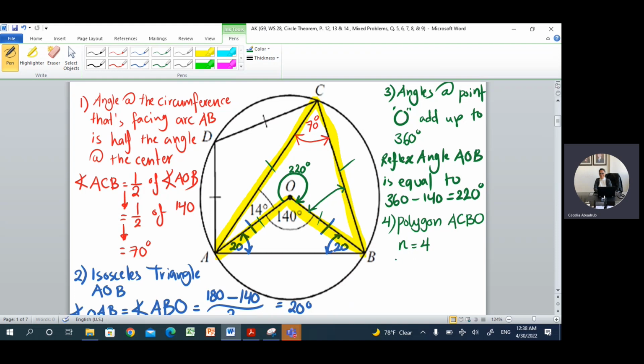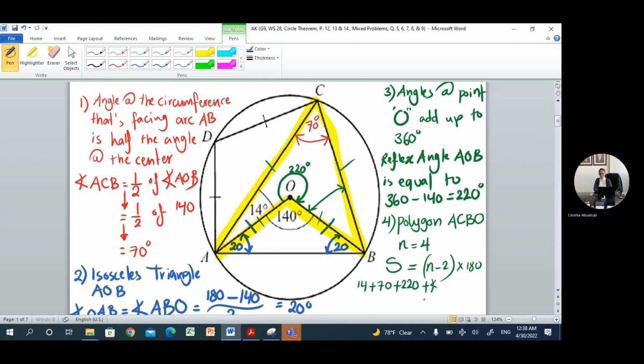So we may use sum of interior angles in a polygon is equal to n minus 2 times 180. So the known angles are 14 plus 70 plus the angle at the center, which is 220, plus, let's say, angle CBO, right?